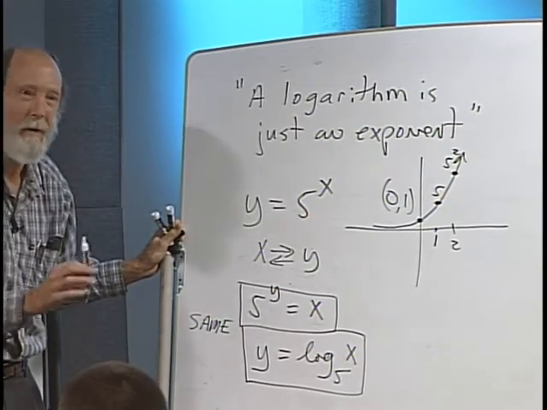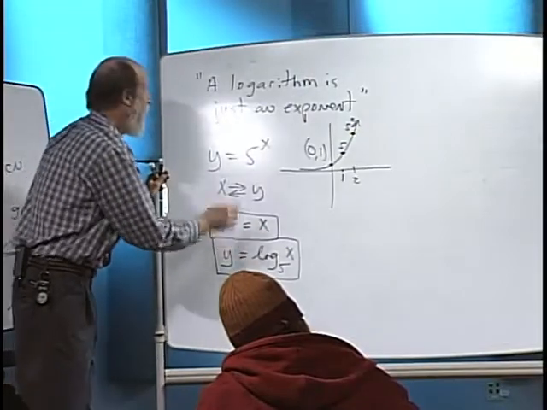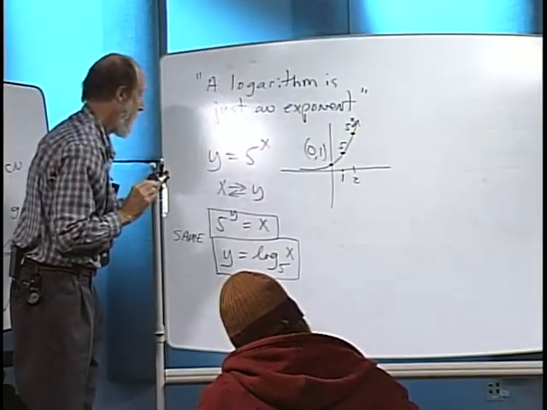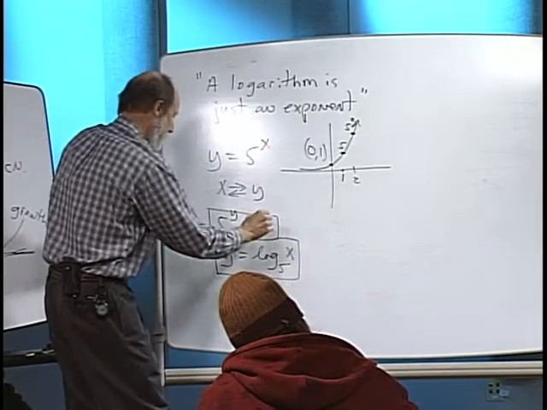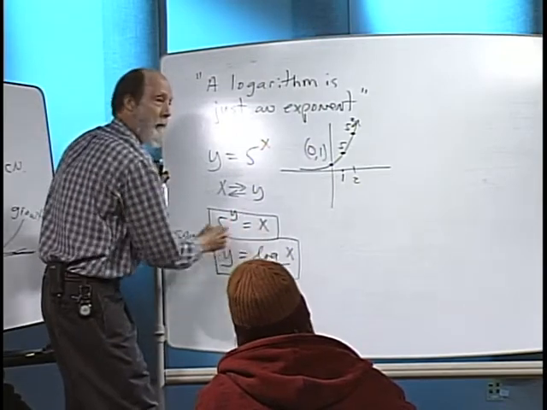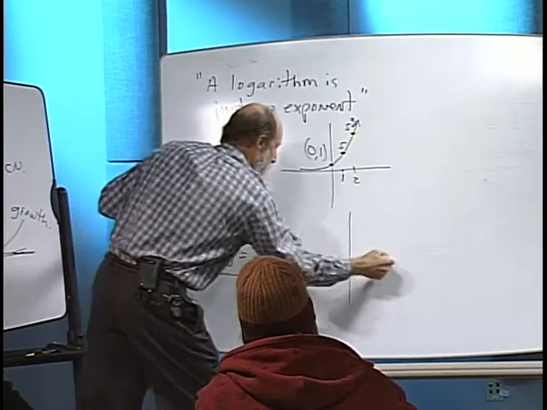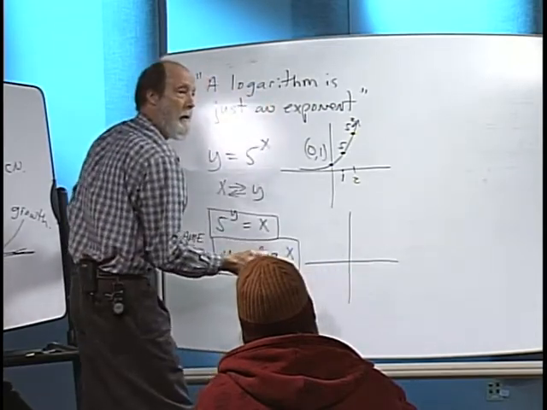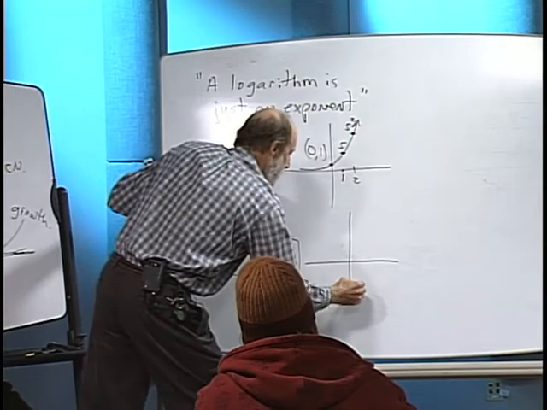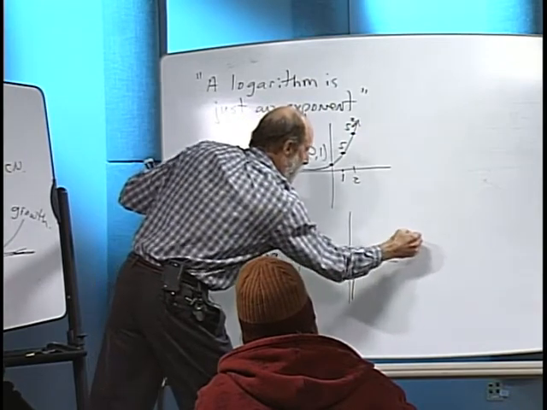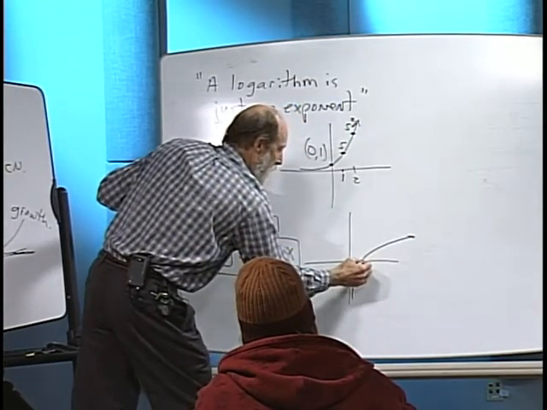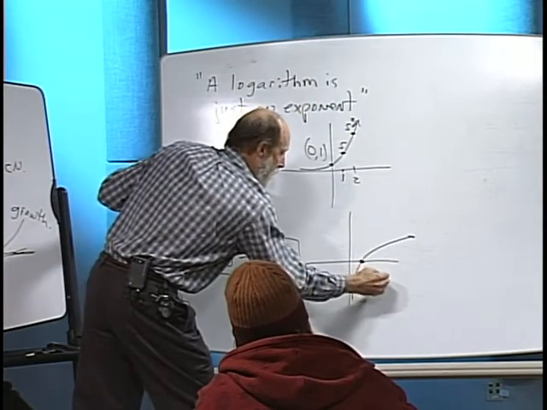Okay? So that's a handy thing to help you. The sketch of this relationship you see right here is going to be what I just said on the previous board. It's going to look like this, going through what important point? 1, 0.